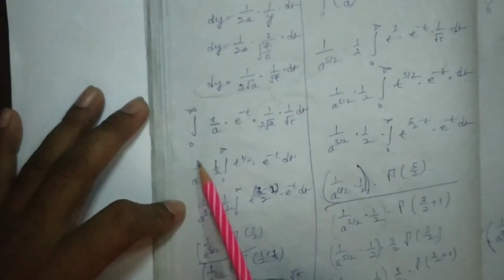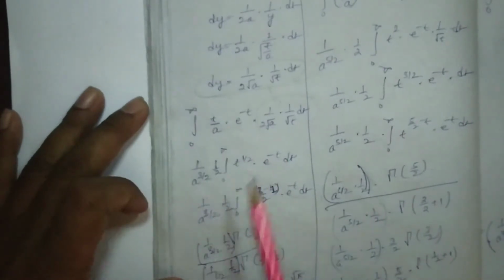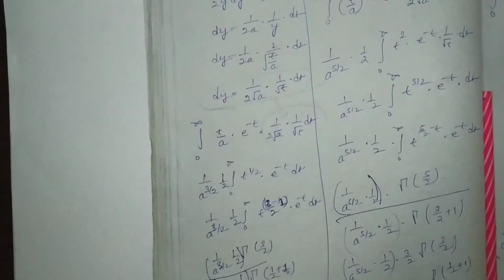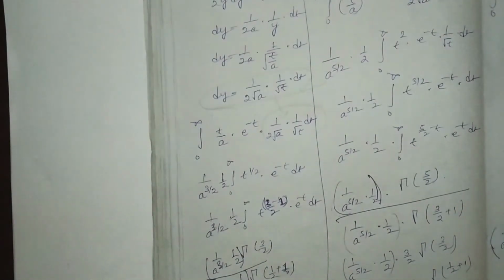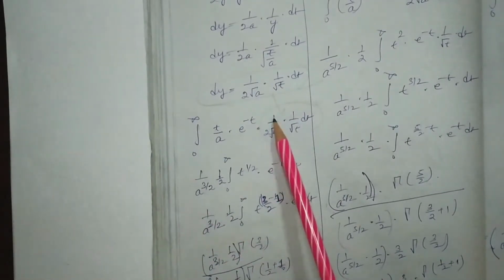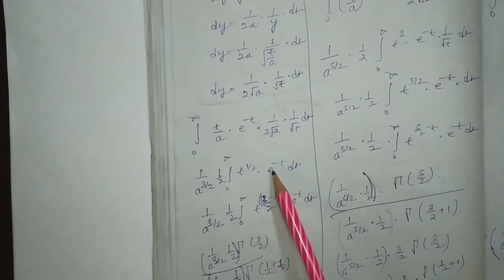Then we found 1 by a to the power 3 by 2. Here a to the power 1 by 2, here a to the power 1, so obviously we are going to get a to the power 3 by 2, and here 1 by 2 is there, 1 by 2 integral 0 to infinity t to the power 1 by 2 e to the minus t dt.